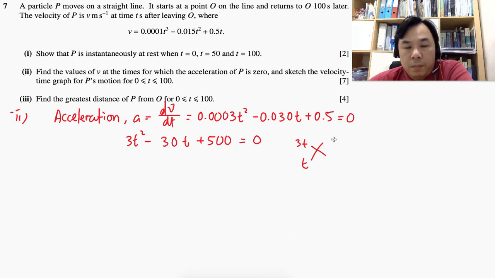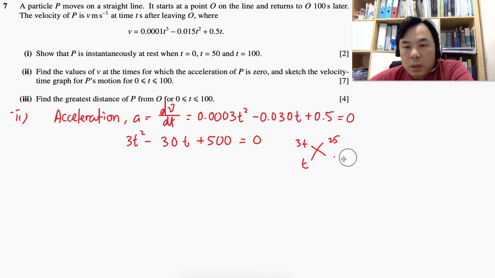So maybe I can try like 25 by 2. Does 25 by 2 work? Sorry, 25 by 20. So 25 by 20, that will be like 60, 25, yep, that does not really work.